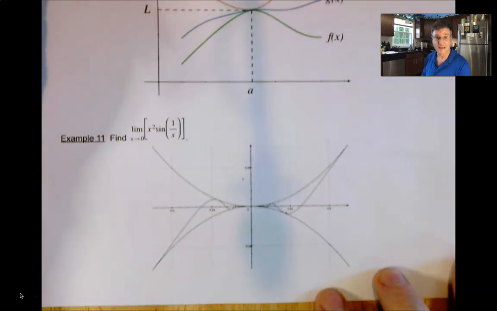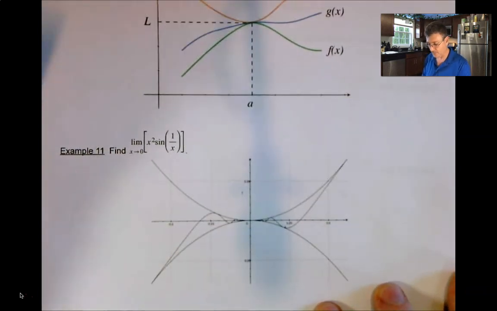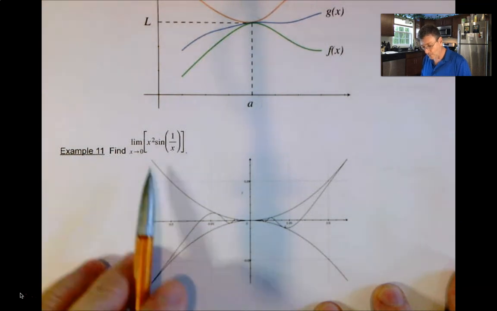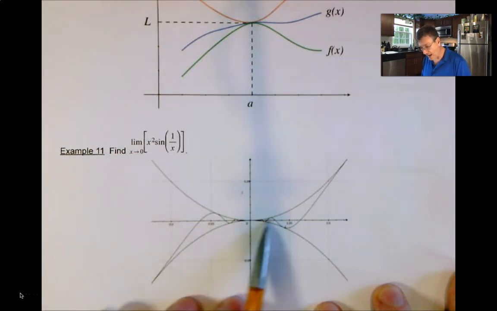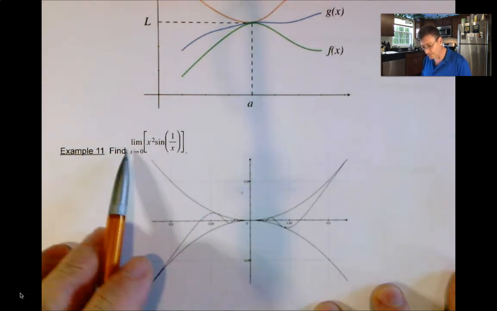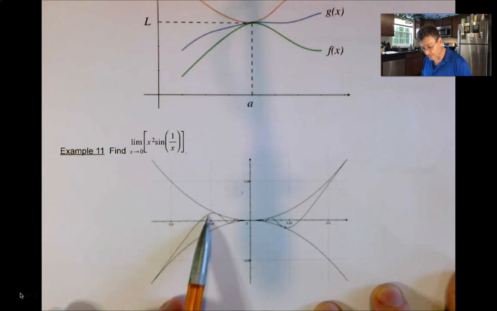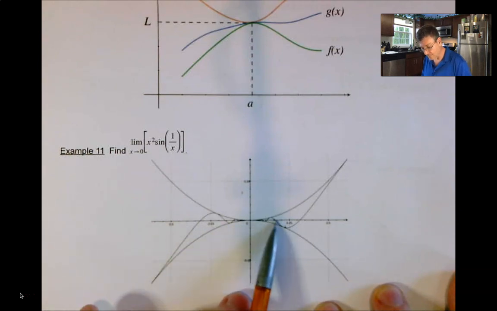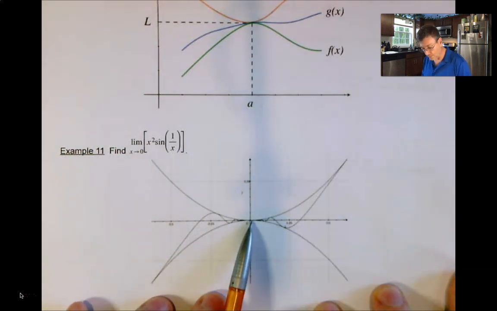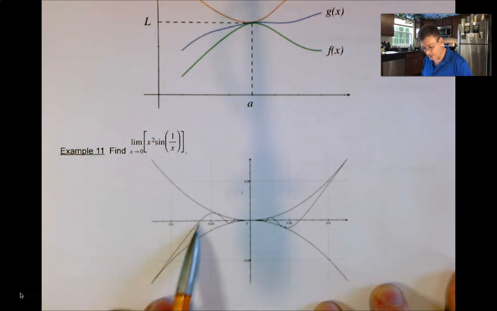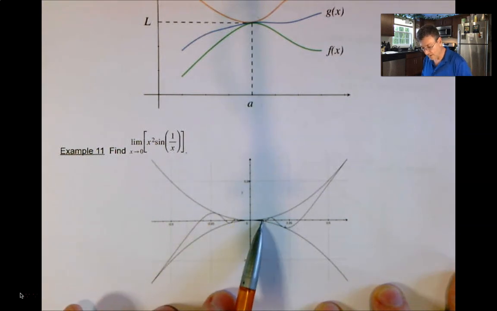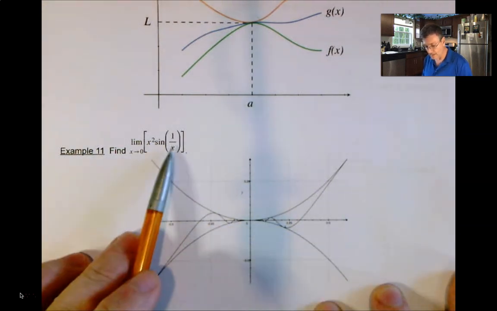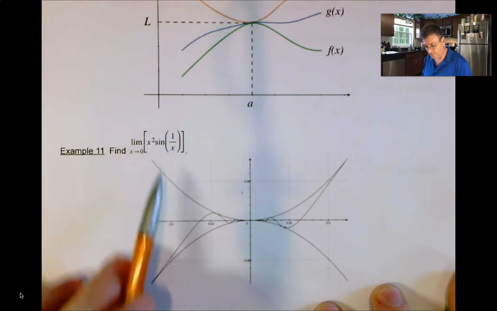I can't even take the sine of something that is undefined. The x squared function has this hole in the middle here. But this wavy, curvy one is the function we're taking the limit of.